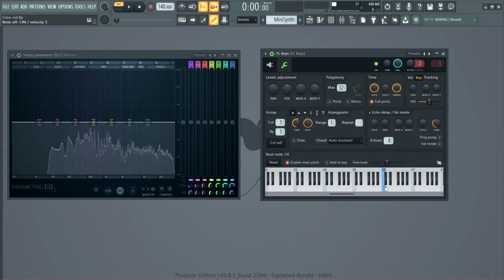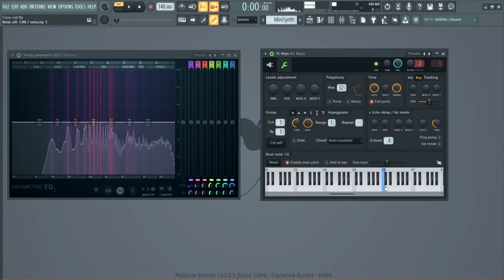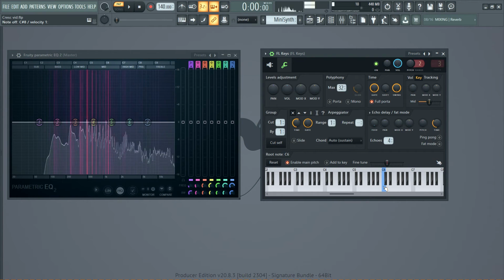So C sharp and D flat are the same note. And that's going to become important later because of understanding why the scales are named what they are named. This is a topic that I haven't heard a lot of people talk about, and it's honestly something that confused me for a while when I had to research it myself.